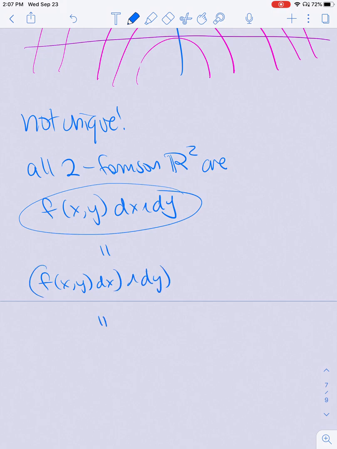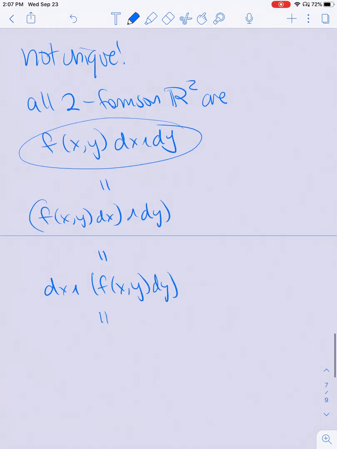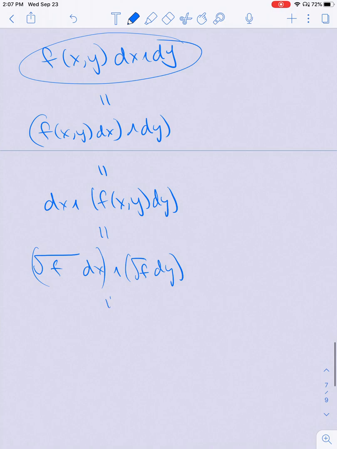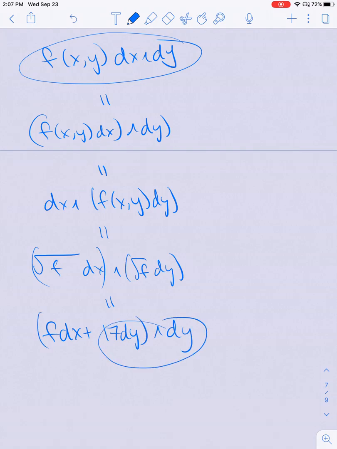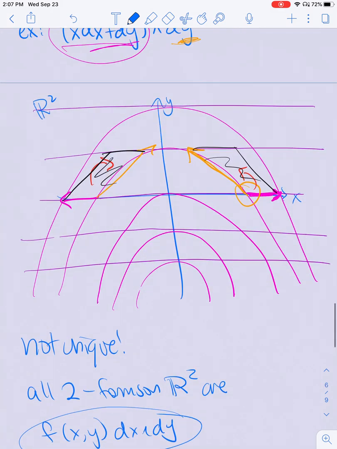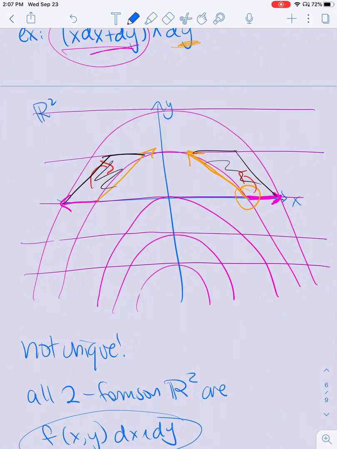I can also write it as dx wedge f of xy dy, or as the square root of f dx wedge the square root of f dy, or I can also write it as f dx plus 17 dy wedge dy, because dy wedge dy is 0. So this is not unique, but it can help you think about different ways to visualize what's going on.